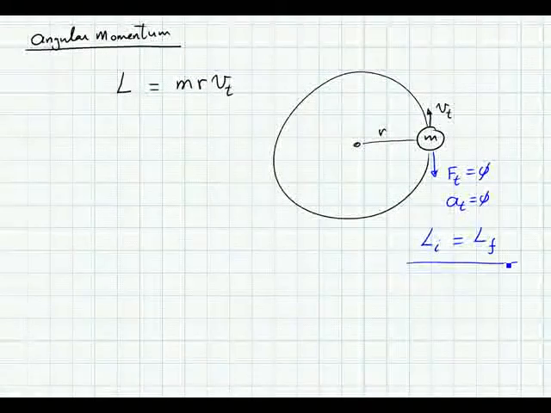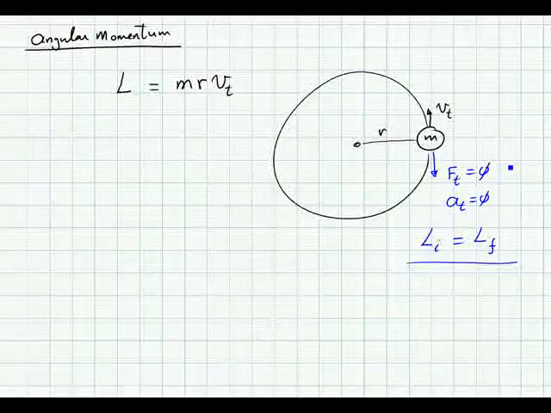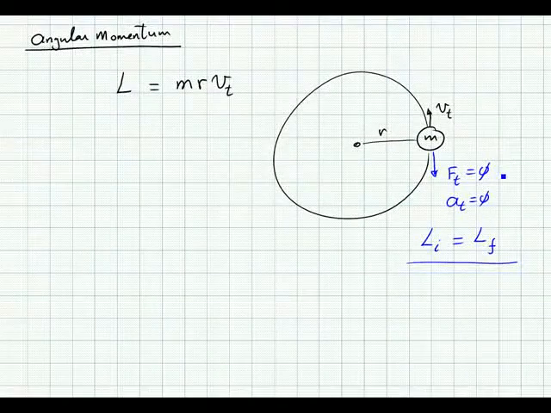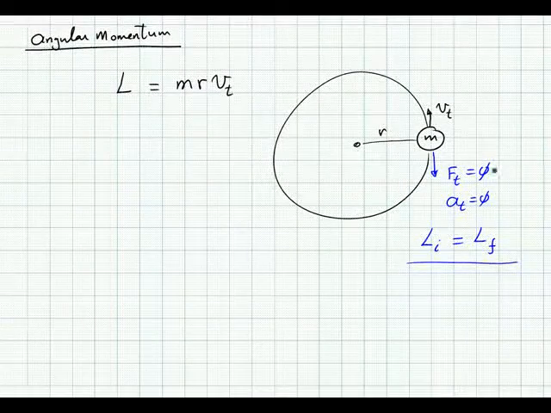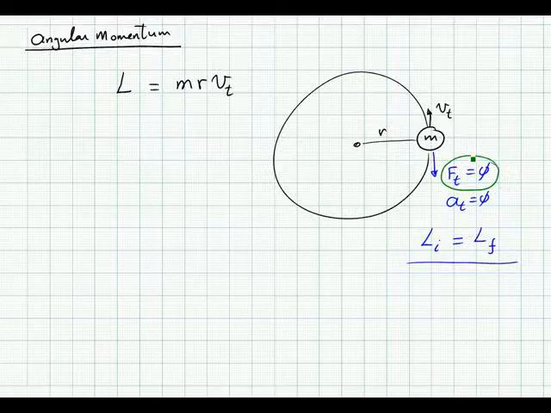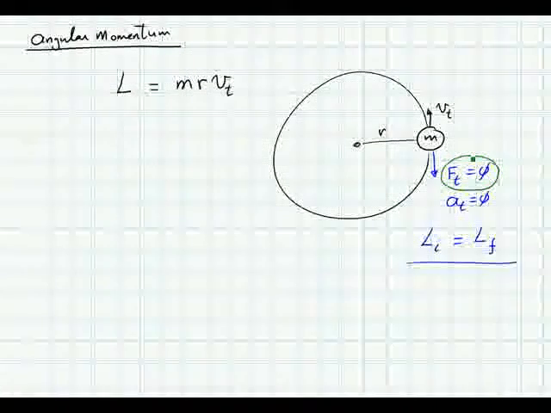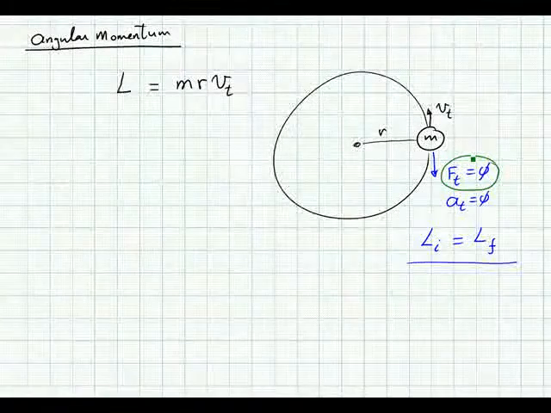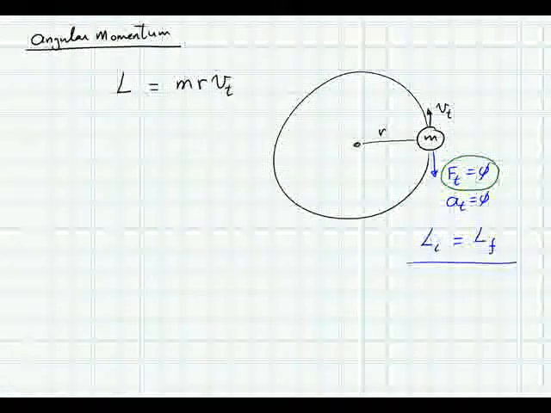So conservation of angular momentum applies provided any tangential force acting on the object is 0. If there is tangential force acting on the object, then the angular momentum will not be conserved.